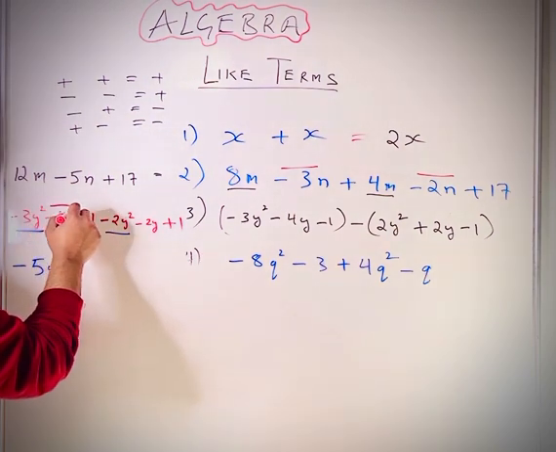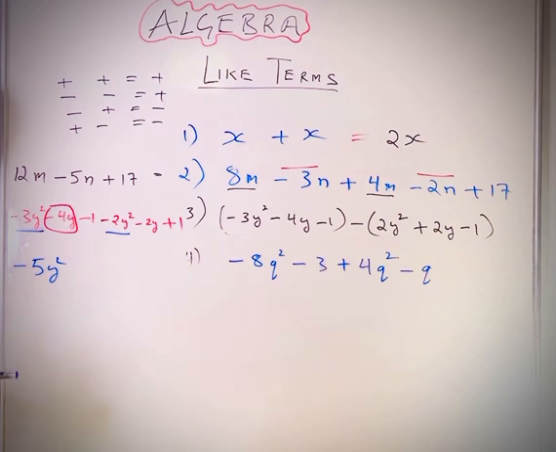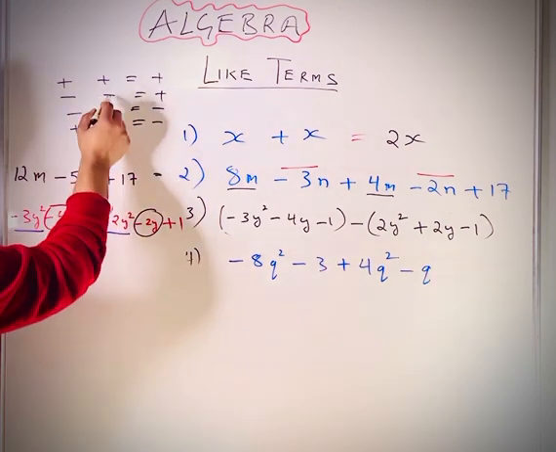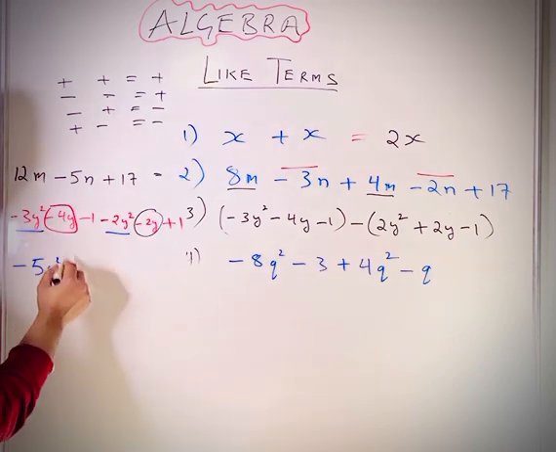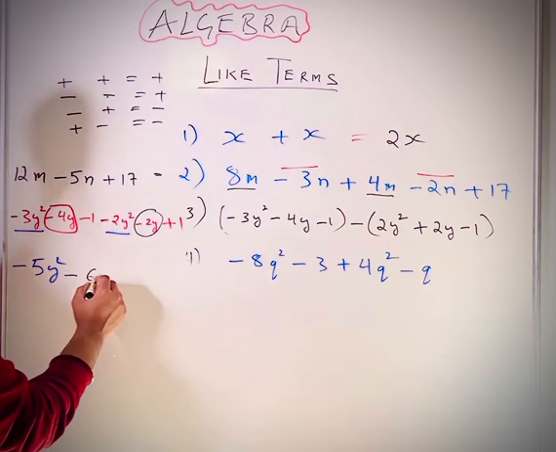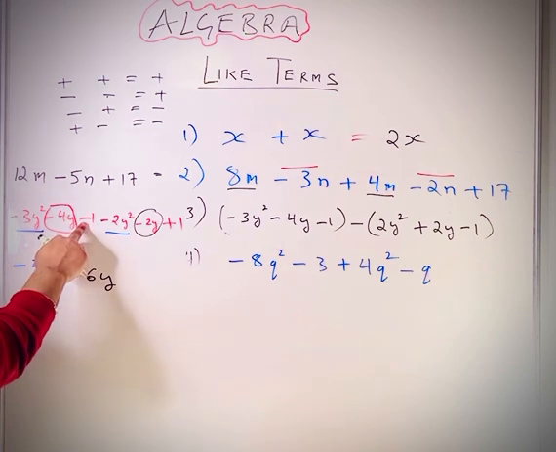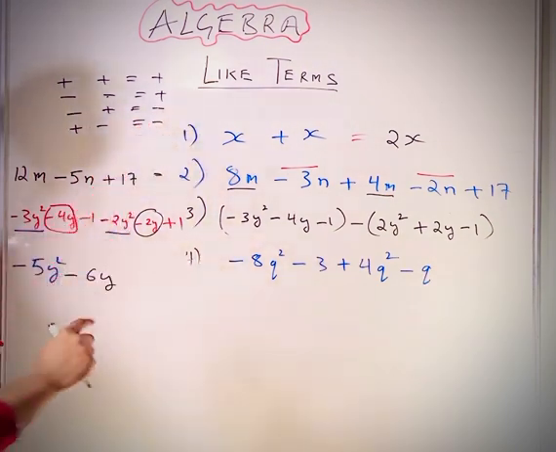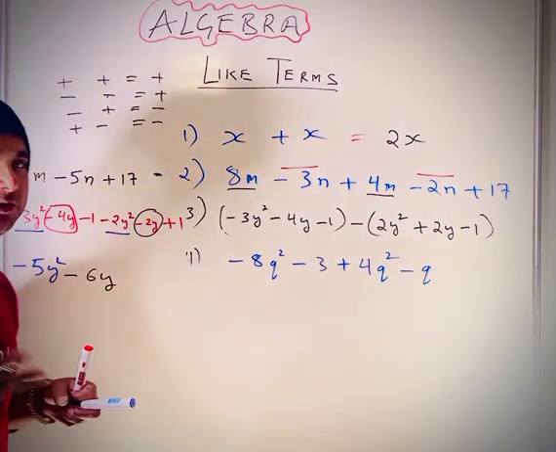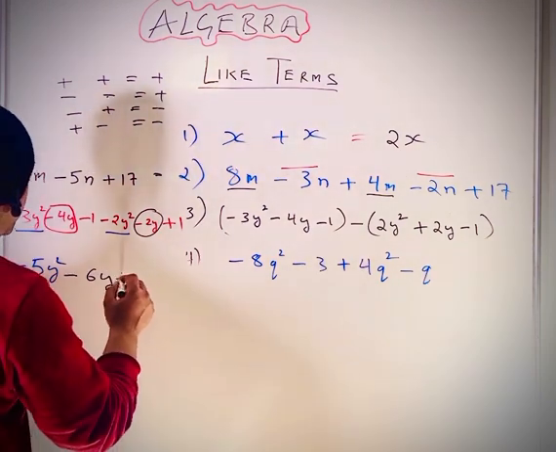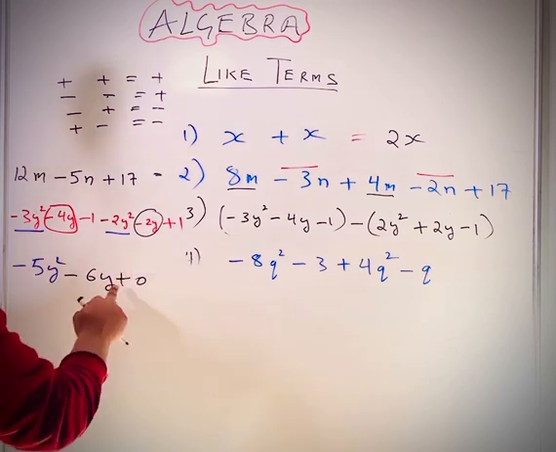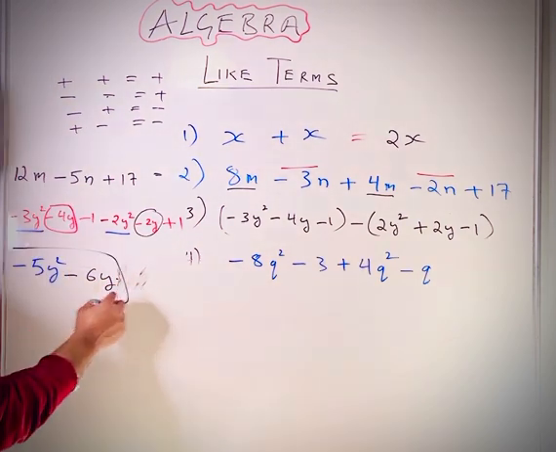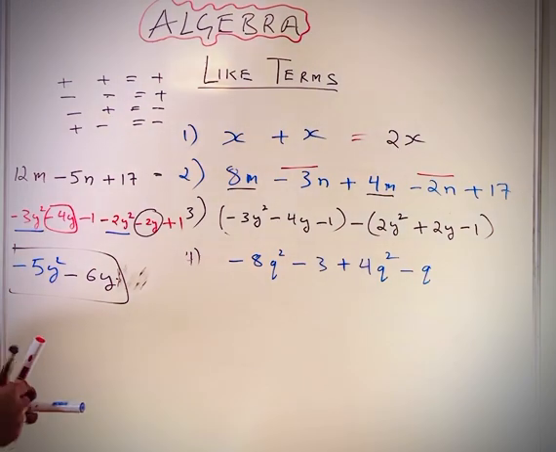Now this one, minus 4y and minus 2y, again minus plus, the bigger sign, so that will be minus 6y. Now minus 1 plus 1 will be 0, right? So it's 0, you don't even need to mention it. So that's the simplest form. If you get this answer, please double check.